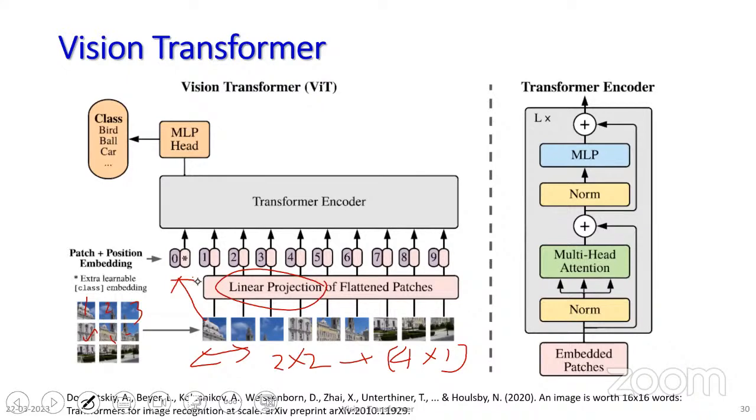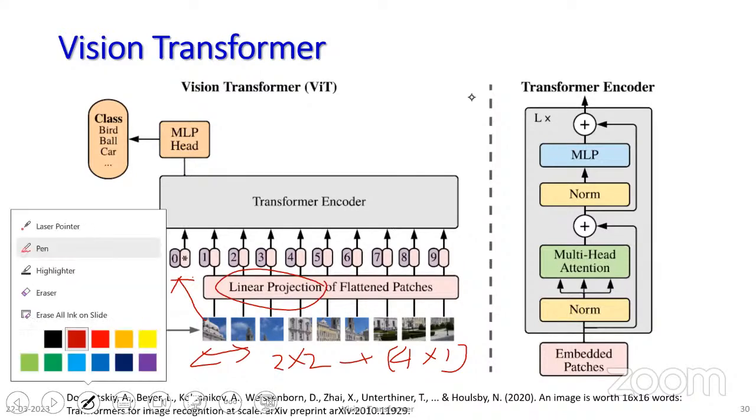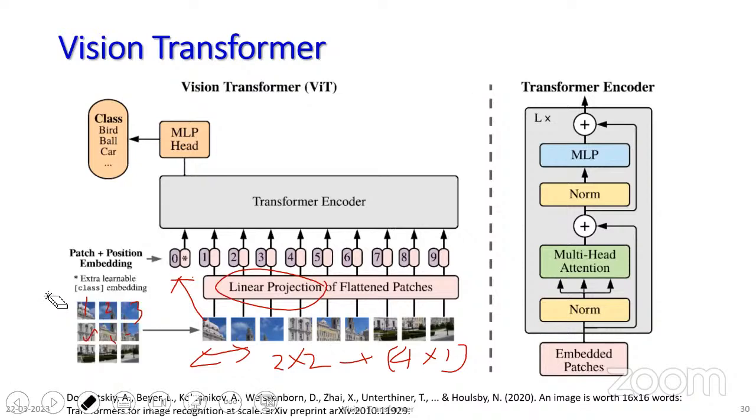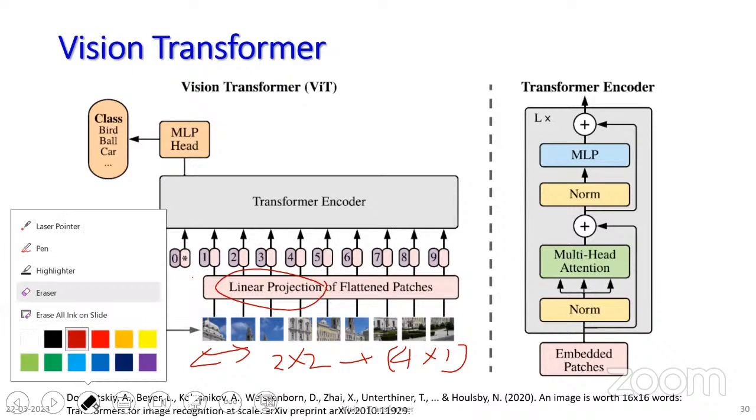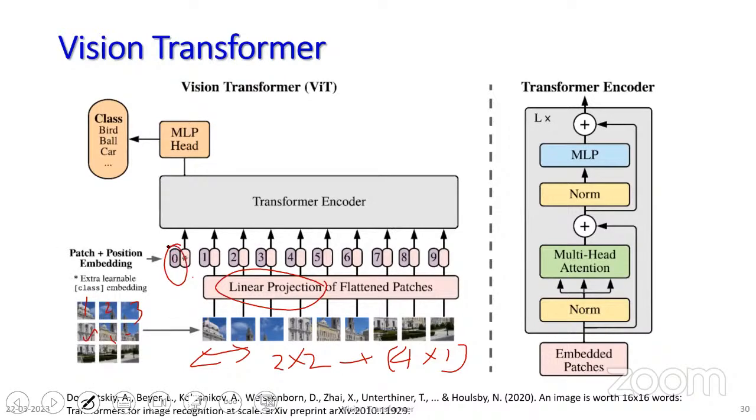How relevant this is with respect to the image information that I have. That is what positional embedding is. Plus, there is a class embedding. In the stack, you have an initial layer that contains the class information, what class this image belongs to.